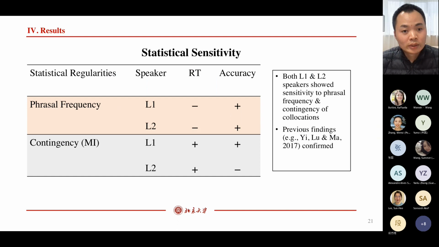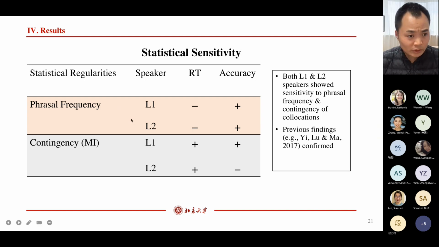And then let's come back to the research questions. The first question is whether L1 and L2 speakers show sensitivities to phrasal frequency and contingency underlying English collocations.